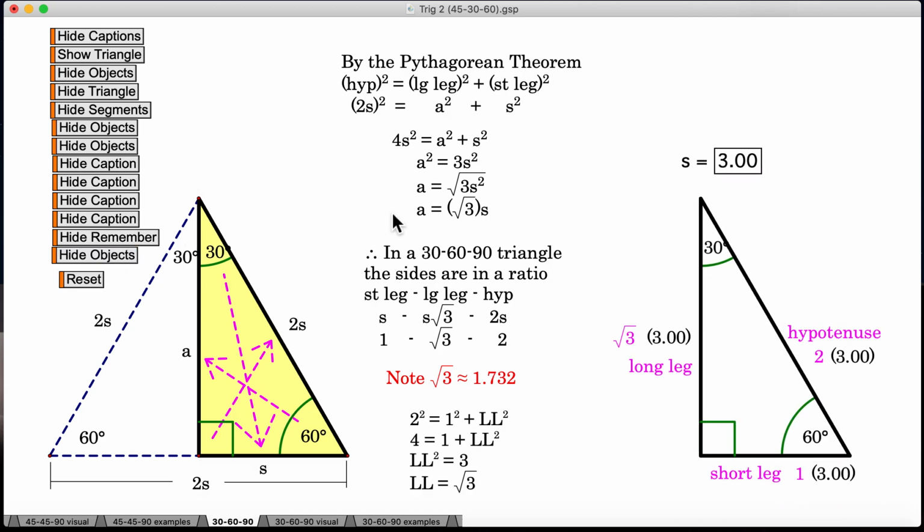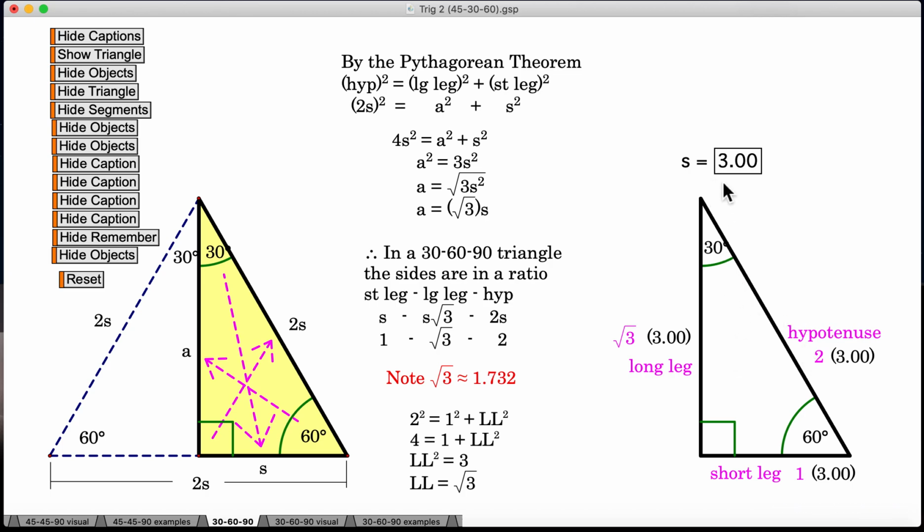So if I'm just looking at a 30, 60, 90, no matter what the short leg is, and by the way, you always want to work in these problems to the short leg, to get to the long leg you multiply by root 3. If you want the hypotenuse, you multiply by 2.